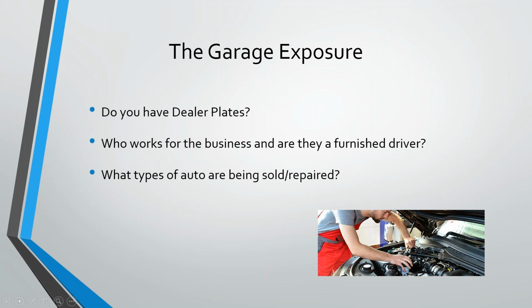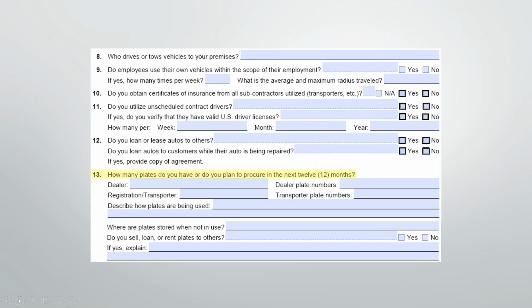And it's probably something that most of you don't even think about. And then who works for the business, and are they a furnished driver? Those become really important issues that Teresa's going to talk about. And then what types of autos are being sold or repaired? That becomes an exposure concern as well. So Teresa's going to go ahead and go through another portion of the application.